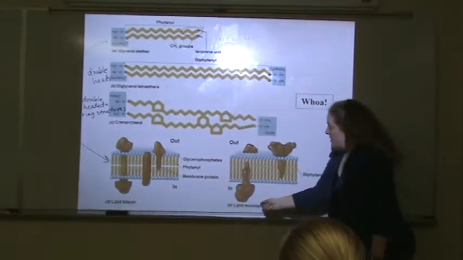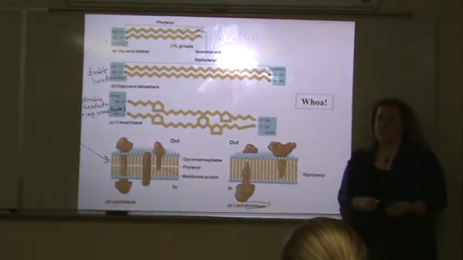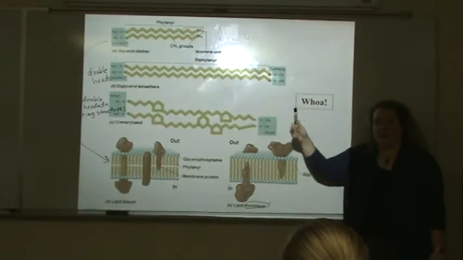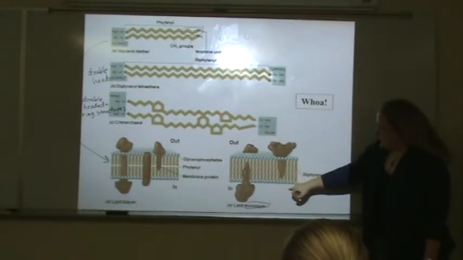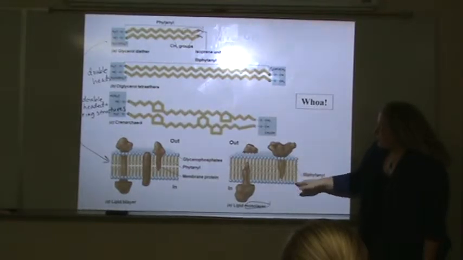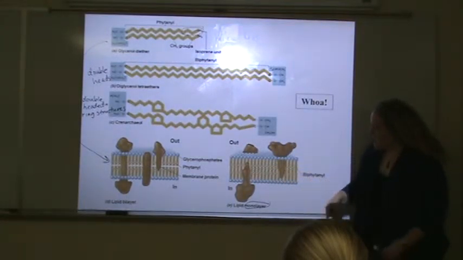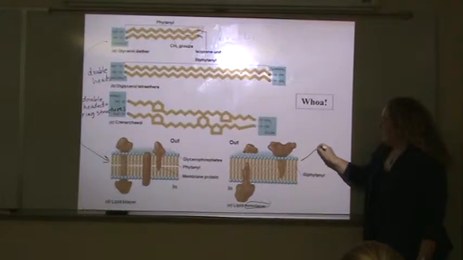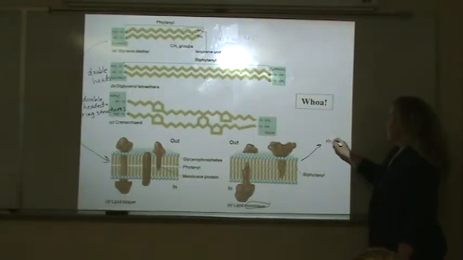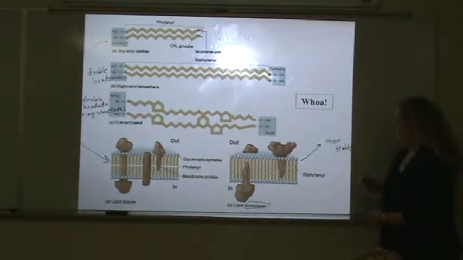These two would not form bilayers because they don't need to. One lipid on its own has got two polar head groups. So they can go ahead and form a membrane, but this is all one piece, this is all one piece, this is all one piece. And the reason that this is helpful for these organisms is it makes their membrane more stable.